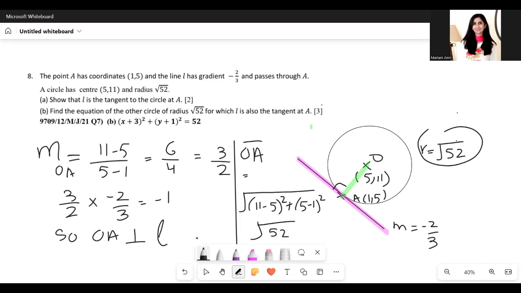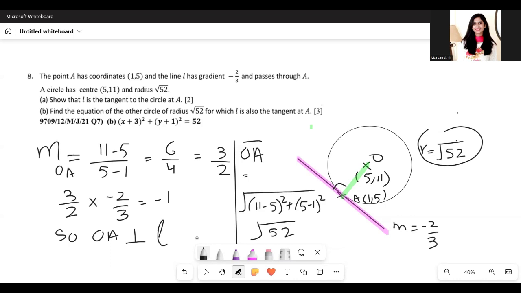The calculator may give you a more simplified answer, like 2 square root of 13, but you can press SD and see that these two are the same. Okay, so by showing that the pink line is perpendicular to the green line, and also by showing that the distance OA is the same as the radius of the circle, we've concluded that the line L, the pink line, is actually the tangent to the circle.